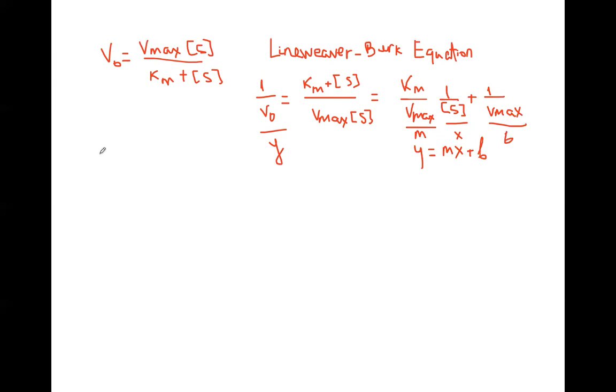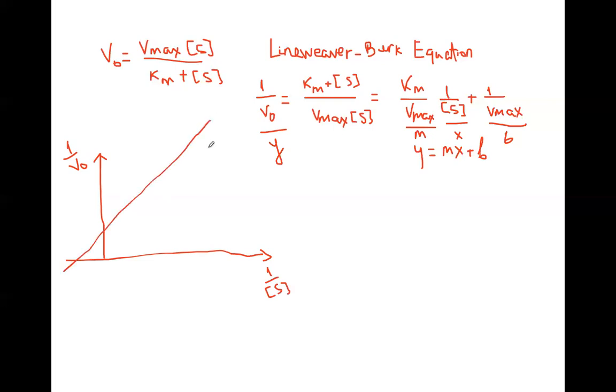And so when we do the experimental measurements, on the y-axis we will have the reciprocal initial velocity. On the x-axis, we will have the reciprocal substrate concentration. And we're gonna get a straight line, right?